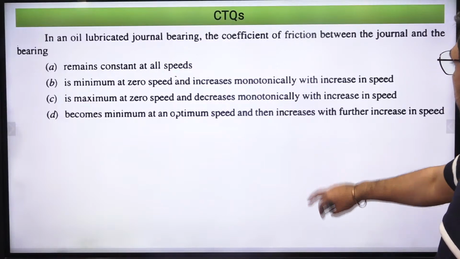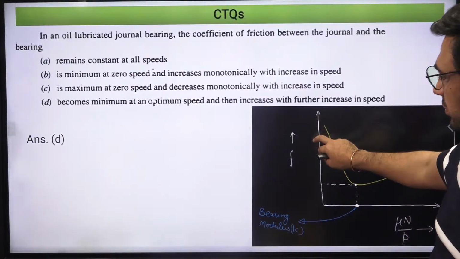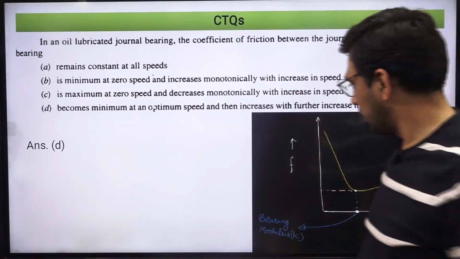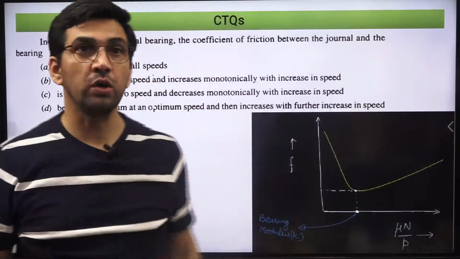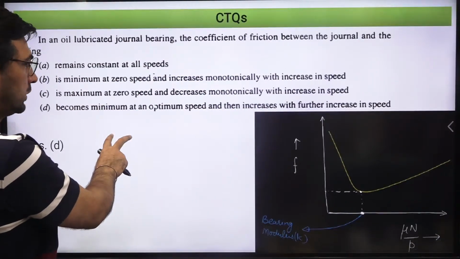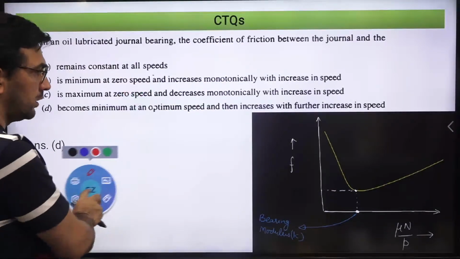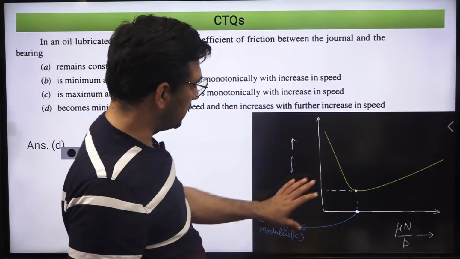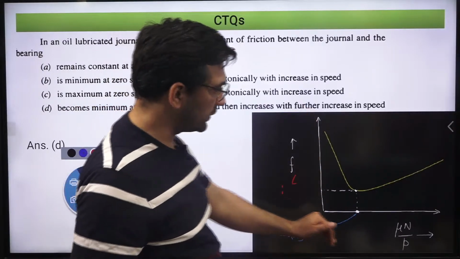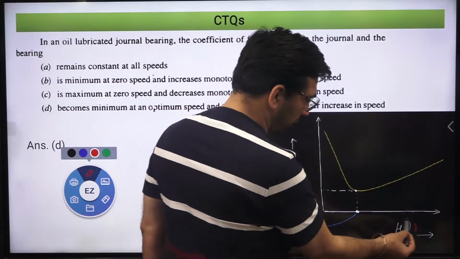So okay, this is the graph. I think this was drawn by the Mackey brothers. So here you should have a very clear idea of this. That is coefficient of friction versus this bearing characteristic. This is mu N by p.